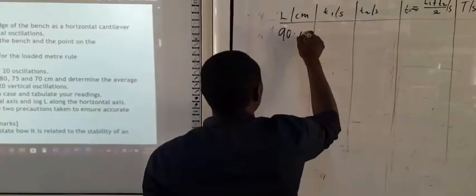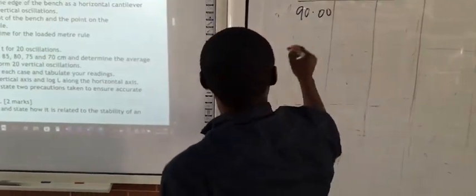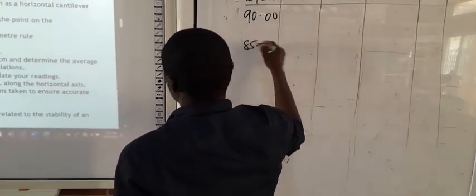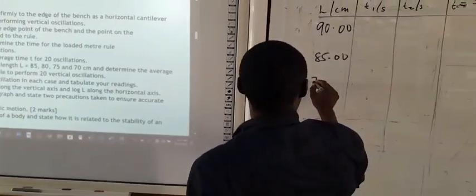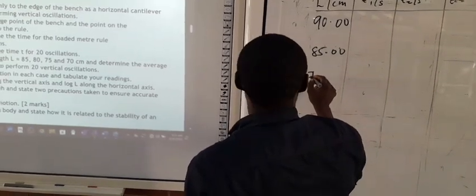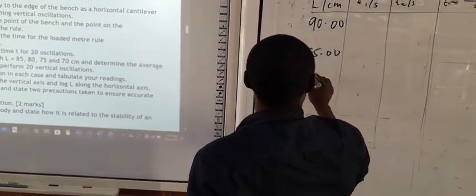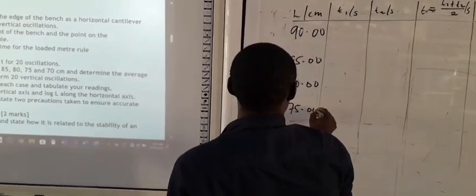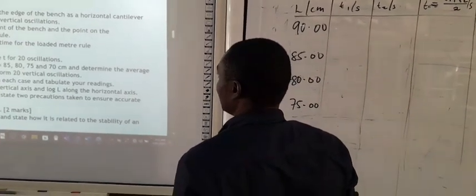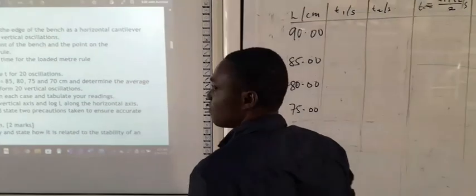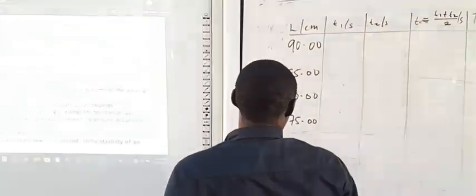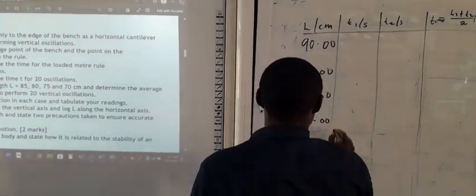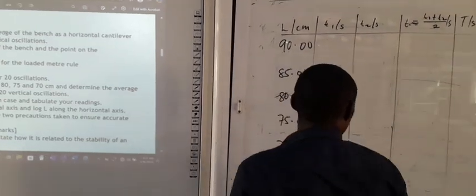So I'm going to write 90.00, 85.00, 80.00, 75.00, 70.00. So we're going to work with this.